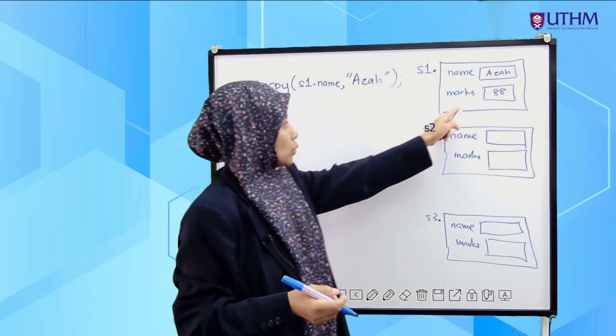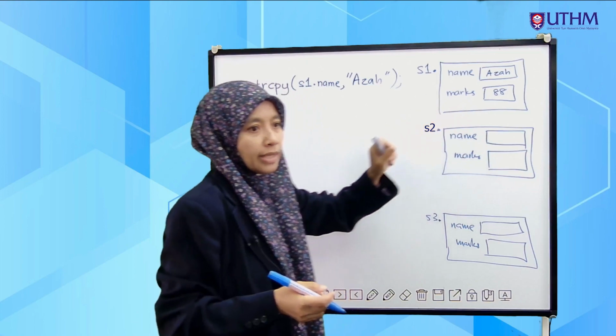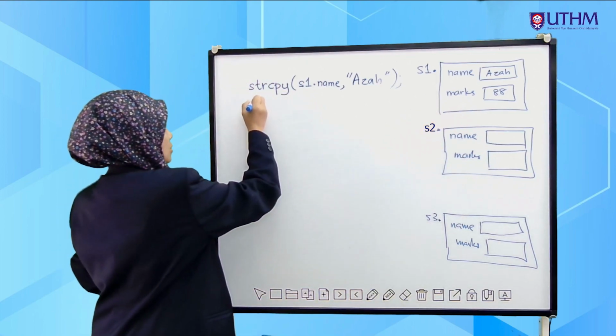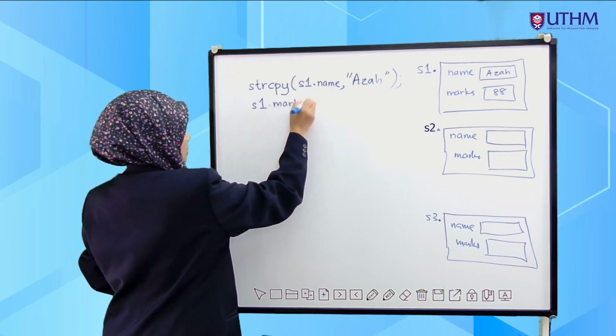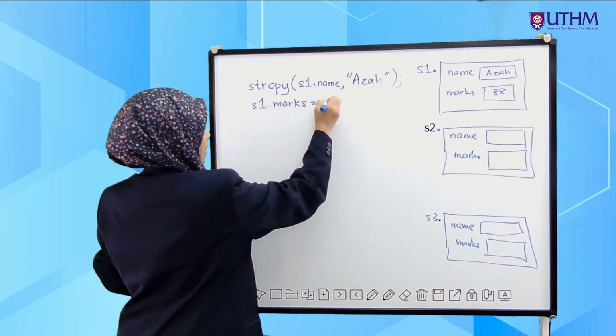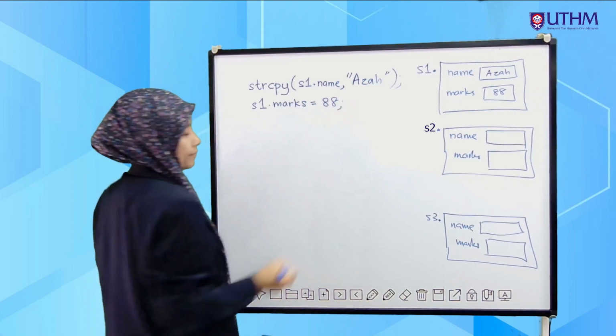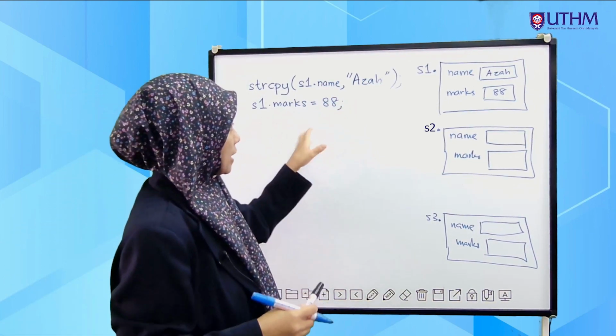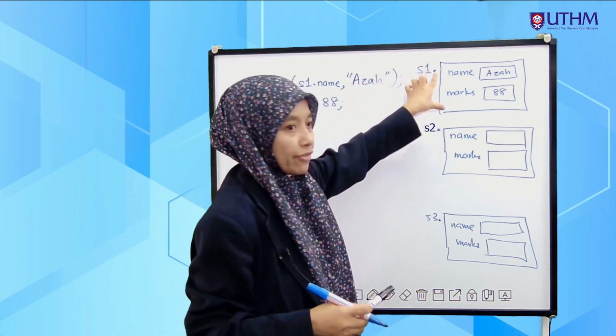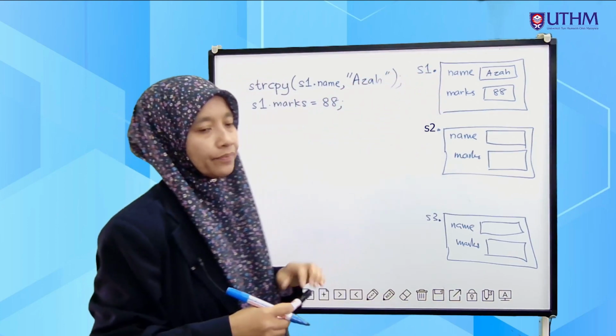Next, I want to assign 88 to this destination, so this should be S1.marks. Assign the value of 88. Eventually, this is what we have in our S1.